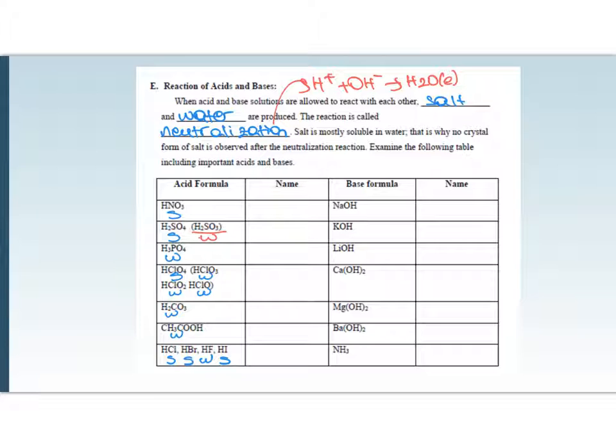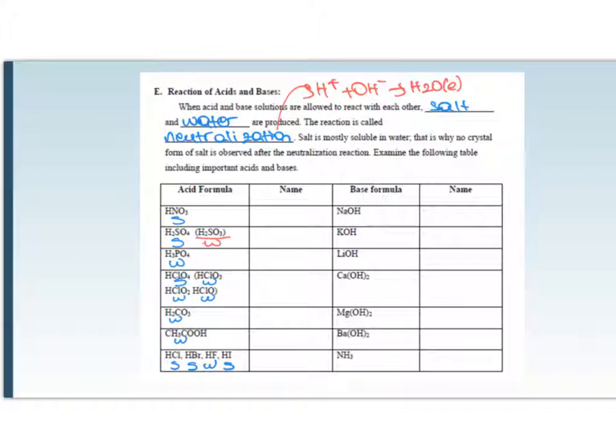Now comes the sodium hydroxide. If you have a compound formed from one alkali metal and a hydroxide ion, probably it's going to be a strong base. So this is sodium hydroxide, a strong one. Next one, potassium hydroxide, also strong. Lithium hydroxide, also strong.